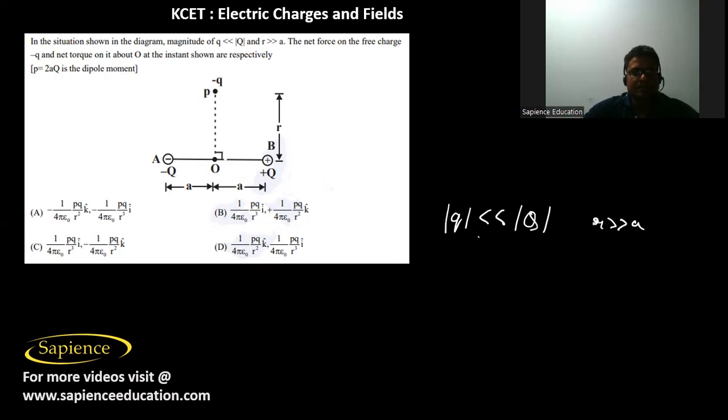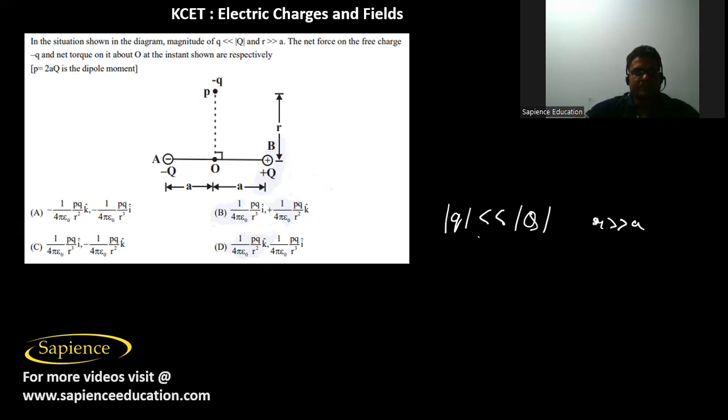So therefore, it is acting like a dipole. The net force on the free charge minus q and the net torque on it about O at the instant shown are respectively. You have to find the net force on the free charge and the net torque on it also.